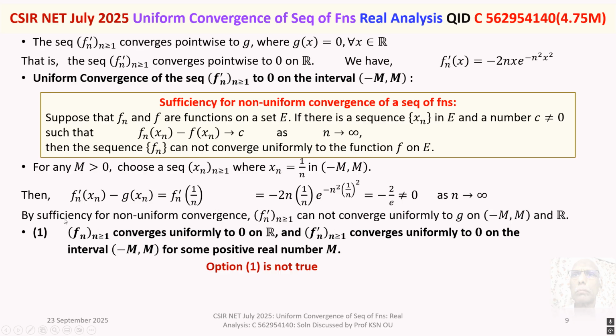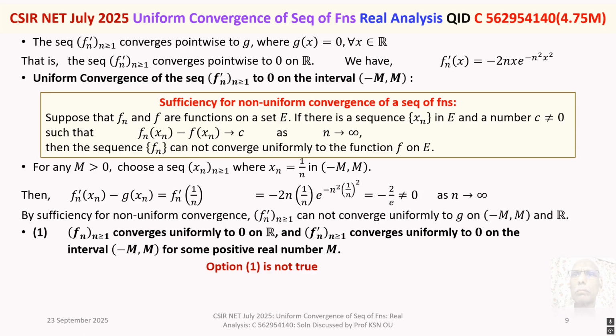By the above criteria, we have seen this sequence Fn prime cannot converge uniformly to 0 on the open interval minus m to plus m, and thereby on the whole of R. The uniform convergence is not there for Fn prime on the interval minus m to plus m. Therefore, option 1 is not true.